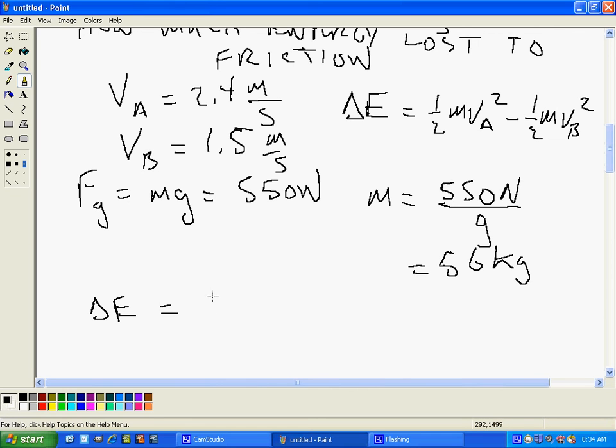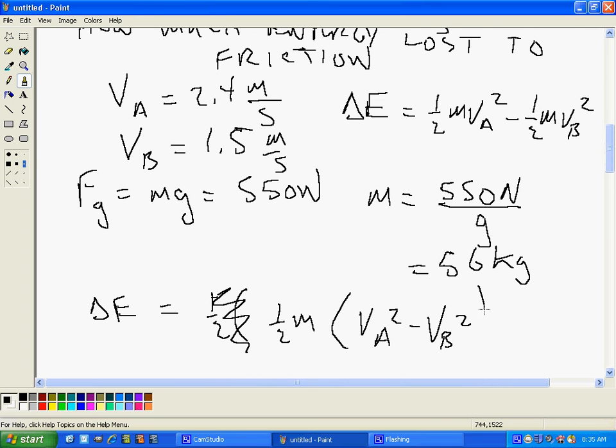Okay, so now we can work out the change in energy, and we can simplify it slightly. We can factor out the 1/2 and the m and go va squared minus vb squared.